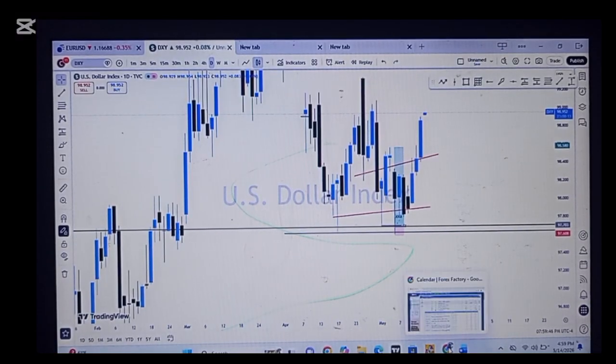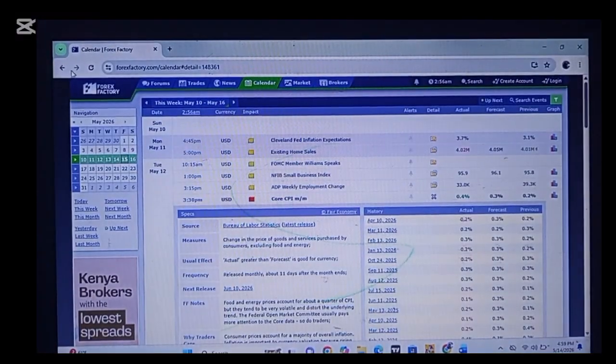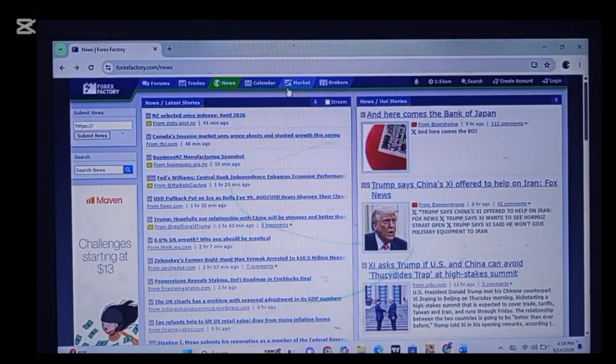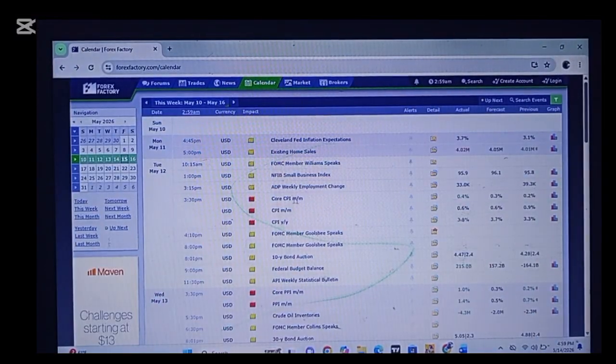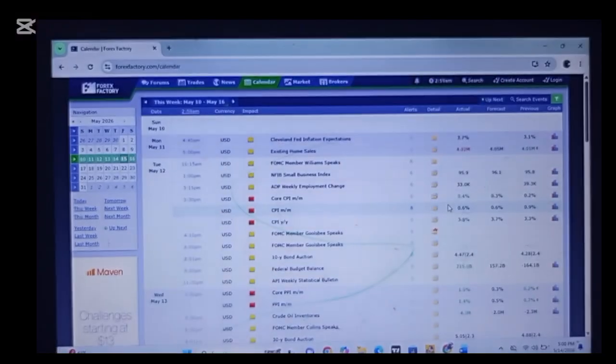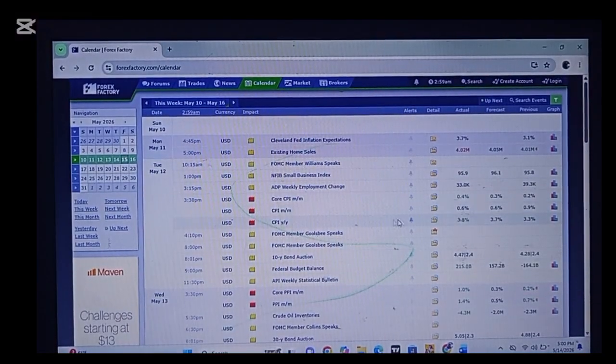So when you come back to Forex Factory, we had different data. For core CPI, we had 0.4, which was the actual, greater than the forecast by 0.1%. When you look at the CPI month to month, it was unchanged.